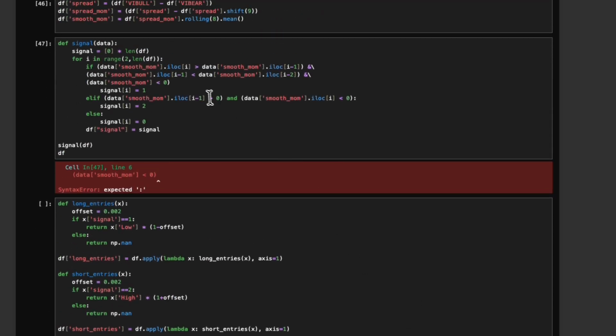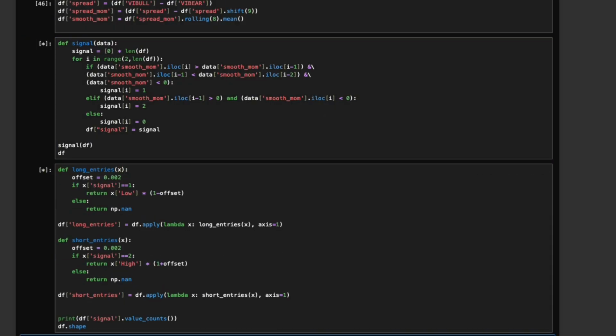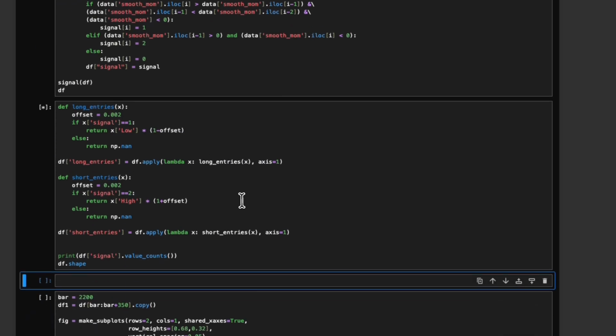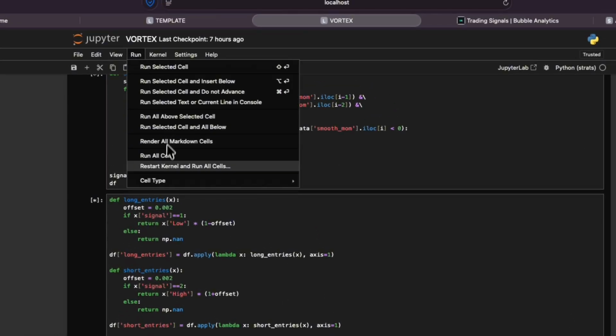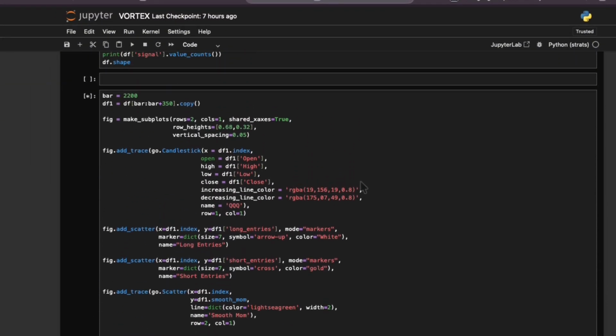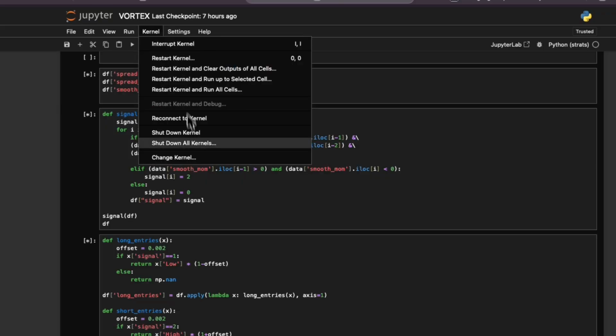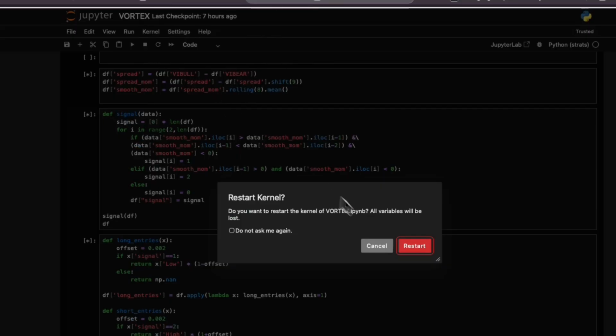What have I done? I need a bit of that, and I've got one there, so that's fine. Let me run all that again. It spazzed out a little bit. Sorry, Jupyter can do this. All you need to do is restart your kernel and run all cells.